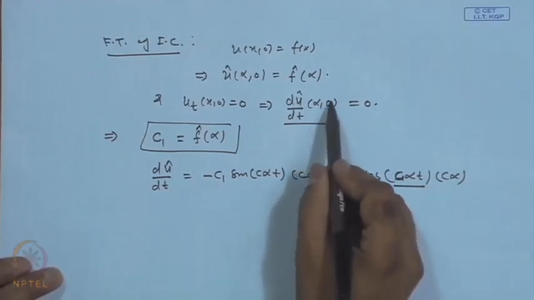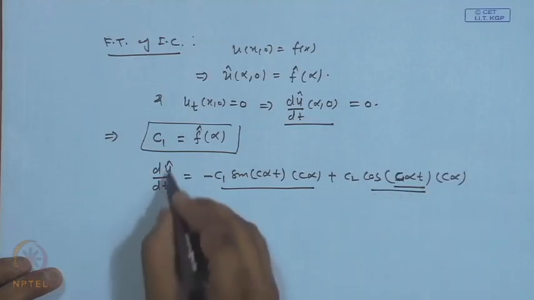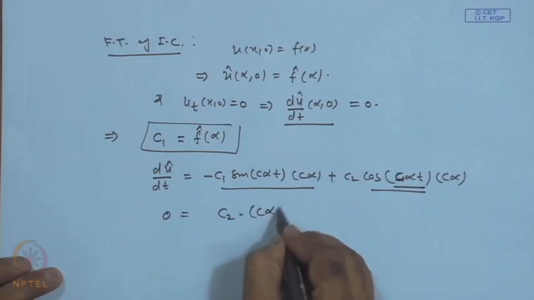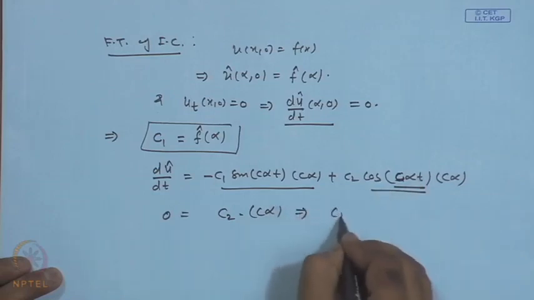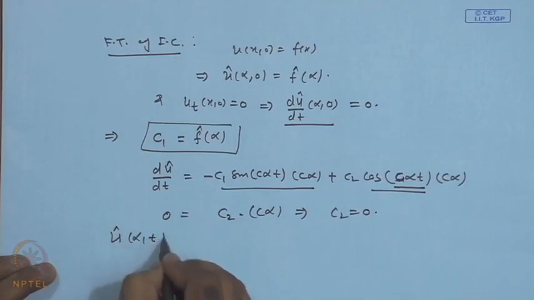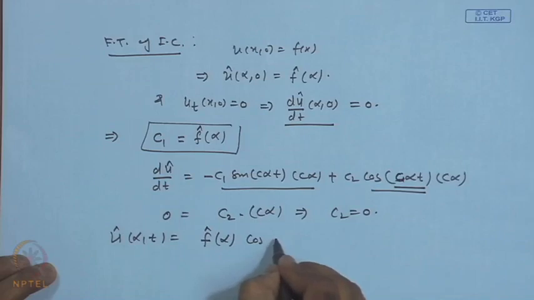Now, again if we put t to 0, in this case the first term will disappear, and the cosine is 1. So, we have C2 and c alpha, and in any case C2 is 0. So, we have u hat (alpha, t) is f hat (alpha) times cos(c alpha t).